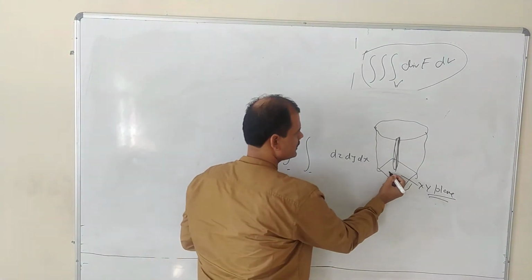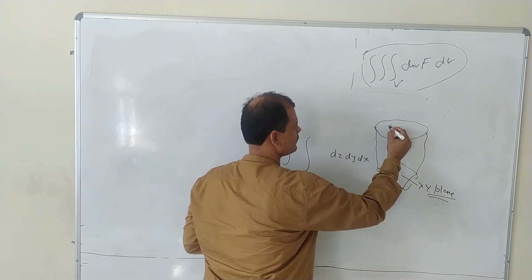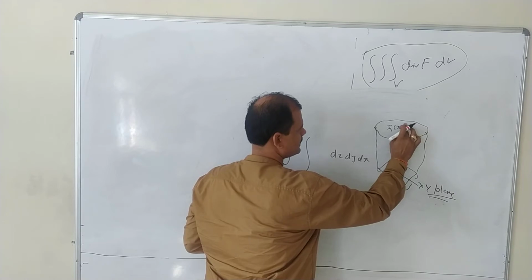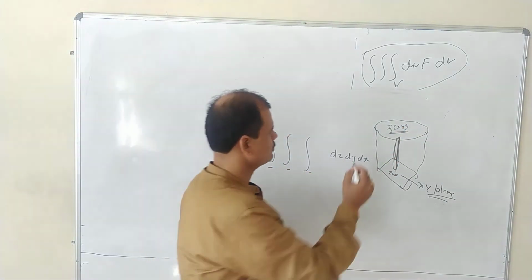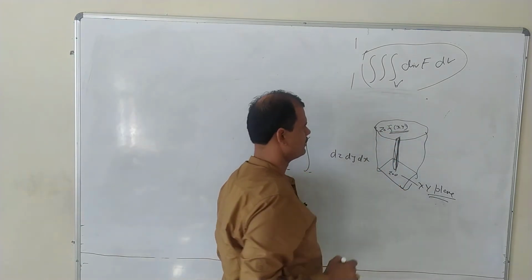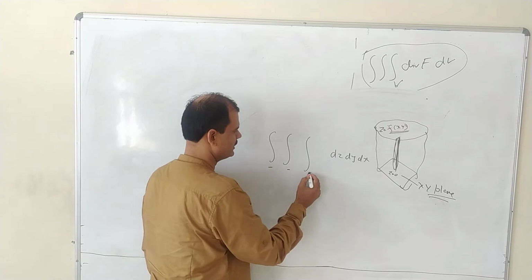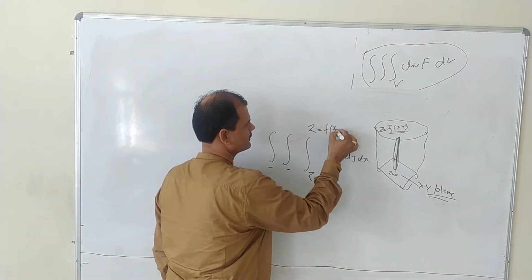So this will be z equal to 0 to z equal to f of xy. So this is your z limit. So we'll take z equal to 0 to z equal to f of xy.